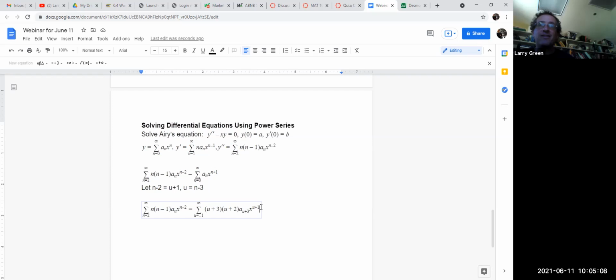Okay, now more tricks. This is kind of tricky math. This is going to be equal to, well, I'm going to just pull out the negative 1 term because I want to start at 0 so I can add these sums up nicely. So if I plug in negative 1, what do I get? Well, let's look at it. Very easy. If u is negative 1, I get 2 times 1, which is just 2, and then I have a sub 2.